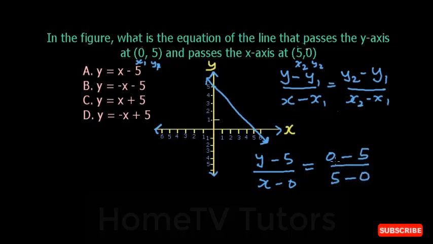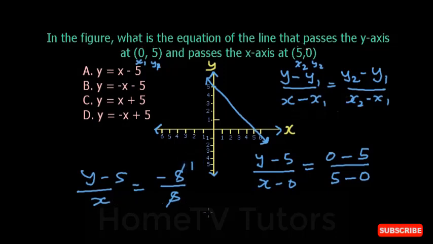Alright, so now we have (y minus 5) over x equals 0 minus 5, which is minus 5, over 5. 5 goes into 5 once, so we are now left with 1 here.